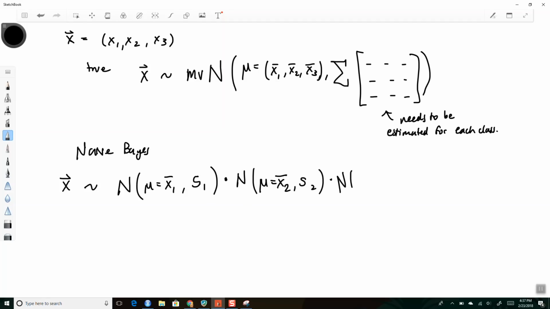So it's just the product of 3 univariate Gaussians, and this is way easier. This is how you calculate your likelihoods, and everything else is the same.